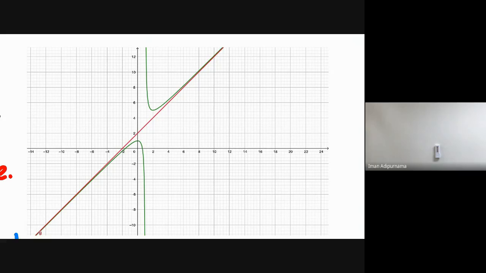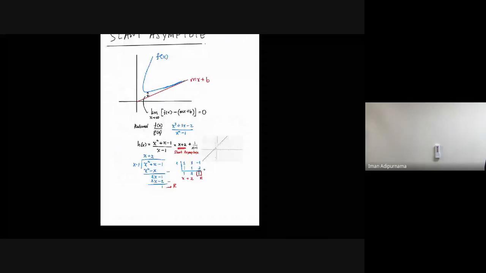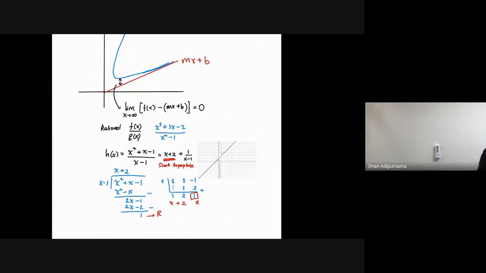You get what I mean? So that's all for the slant asymptote, but it's just additional notes for sketching the graph.